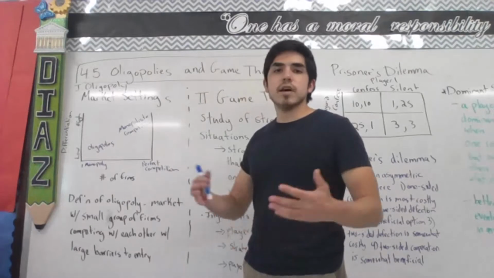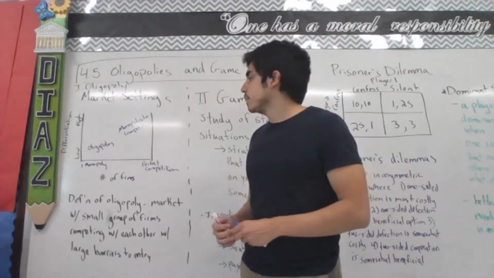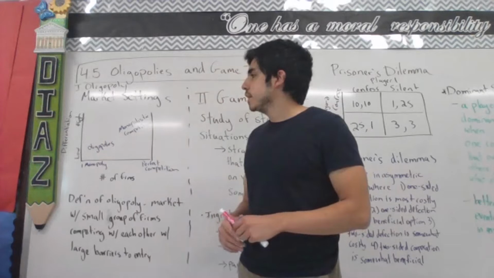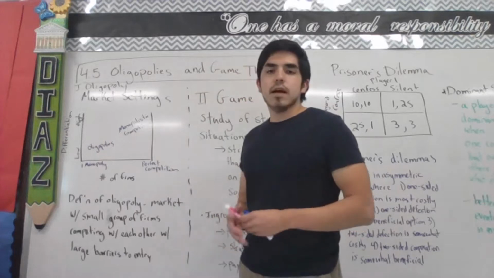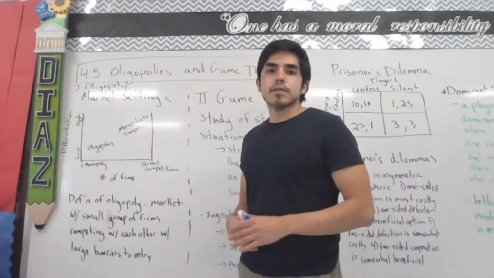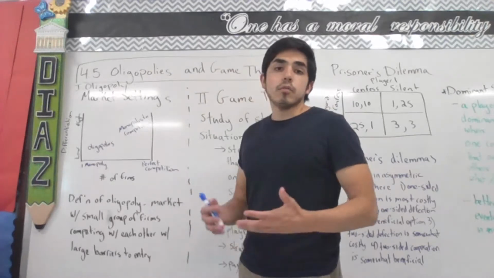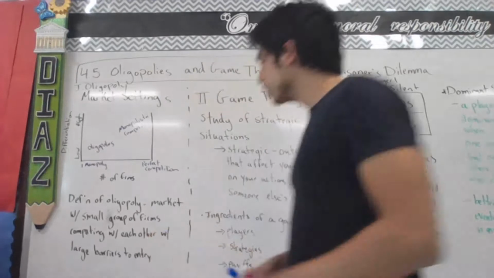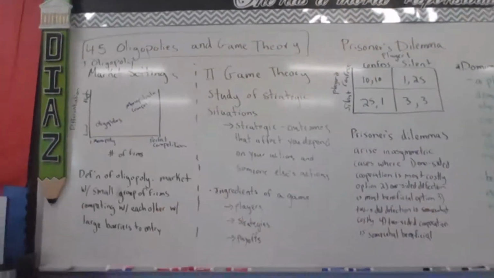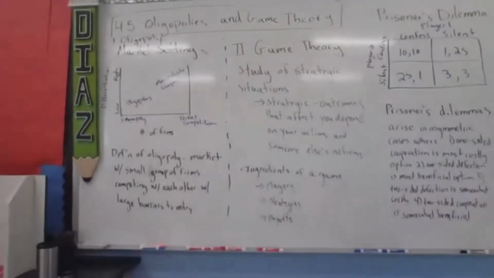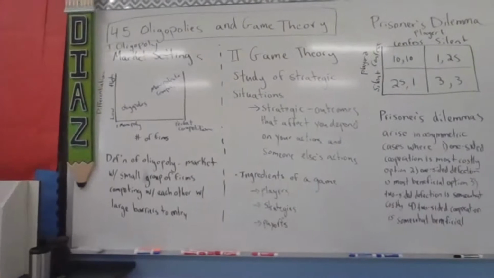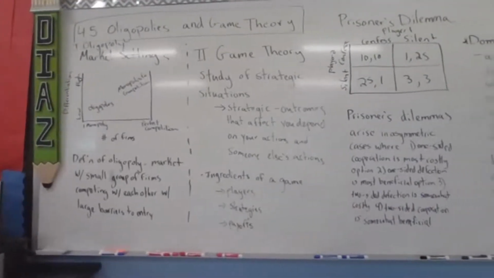There's probably a huge fixed cost that needs to be paid to enter this type of market, and there are generally going to be very few firms. Classic oligopolies are like the airline industry or automakers. So we have the definition of oligopoly right there: a market with a small group of firms competing with each other, with large barriers to entry.